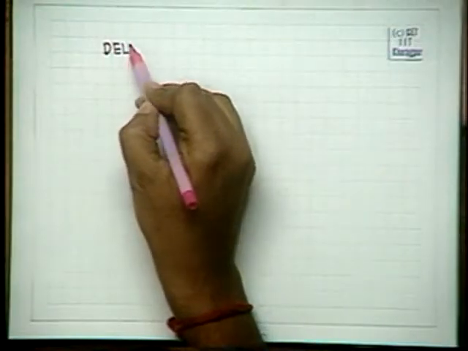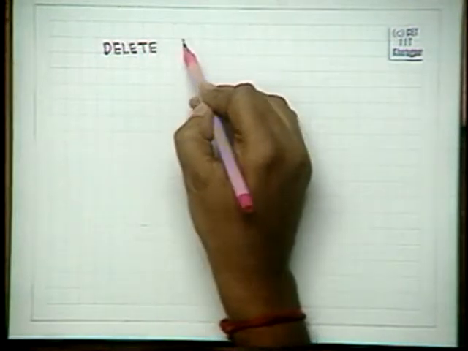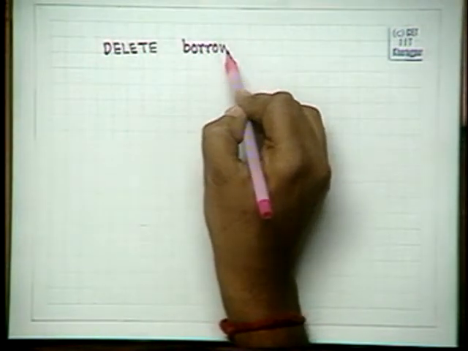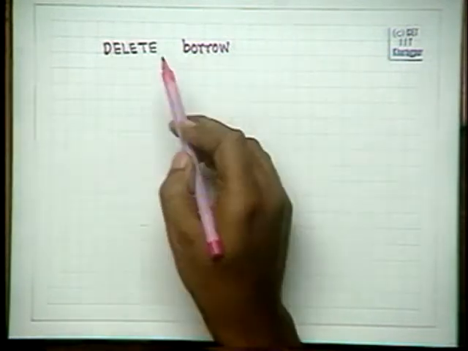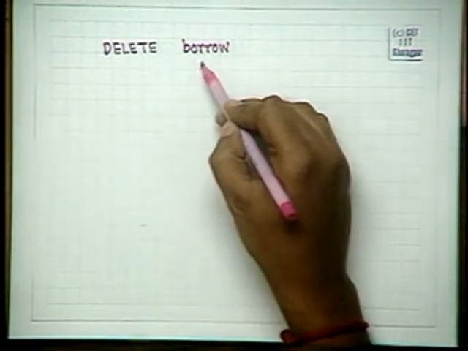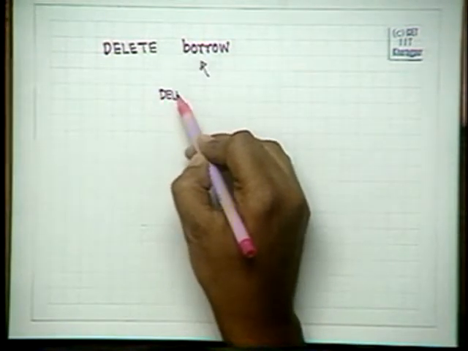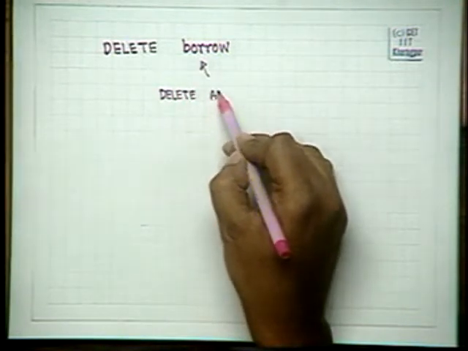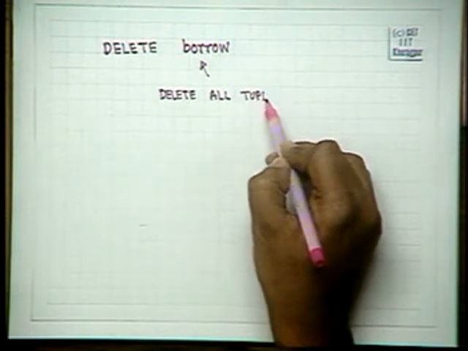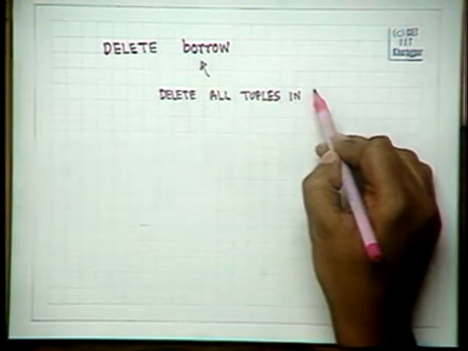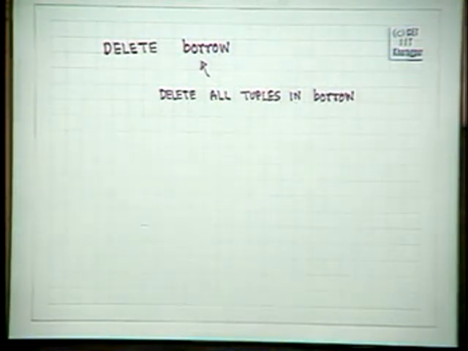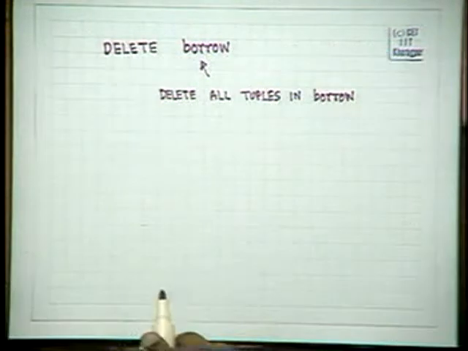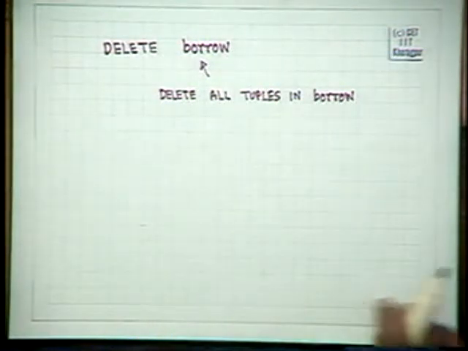The simplest query in delete may be delete borrow. It simply means delete all tuples in the borrow relation. But we may want to delete only a particular tuple.